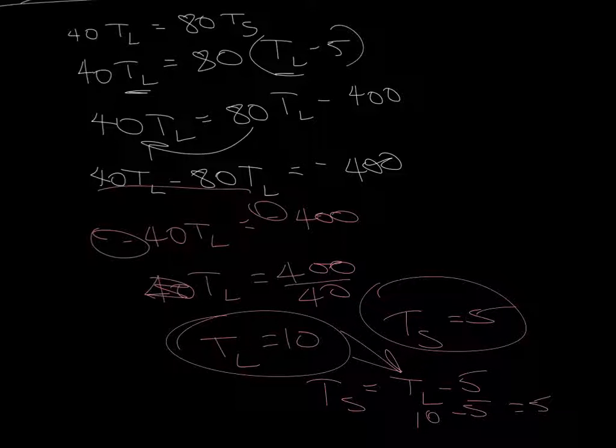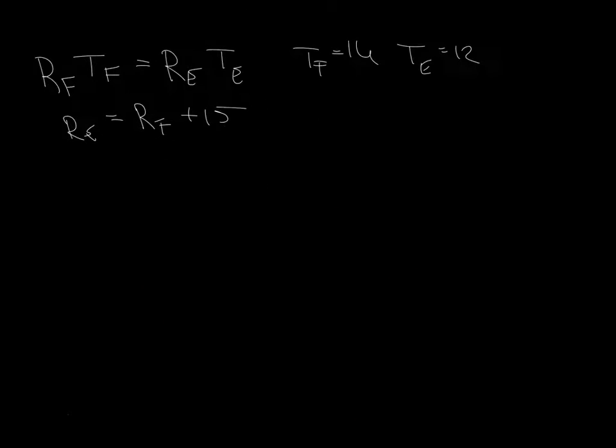Okay, one more example and we'll be done. Okay, so there's the information they give us for 79.4, and they want us to find RF and RE. So those are the two things we're looking at. There's our problem. We'll plug in what we know.